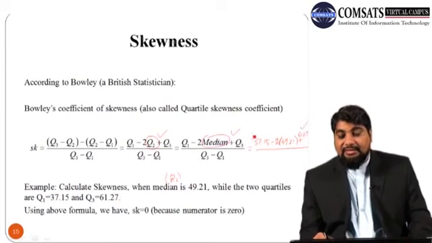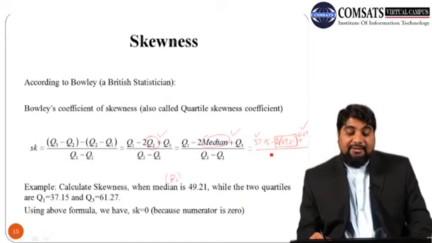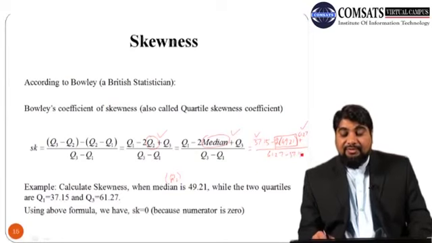Note that this 61 and 37, if we add up, it is the same as 2 times 49.21, and the denominator is 61.27 minus 37.15. So we can see that in the numerator we get 0.